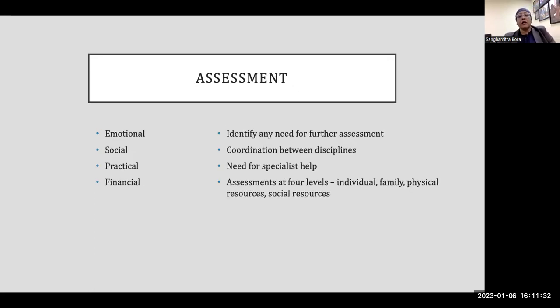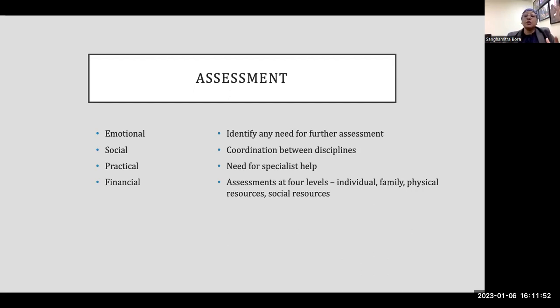And then when we talk about assessment, it has to be emotional, social, practical, and financial assessment of the patient. And he needs to identify any need for further assessment. He needs to coordinate between the disciplines.